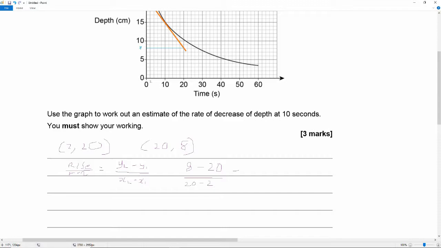So that's equal to, I need to add 12 to 8 in order to get to 20. So 20 is bigger than 8, so this is negative 12 divided by 18.